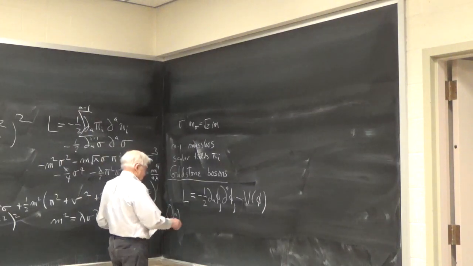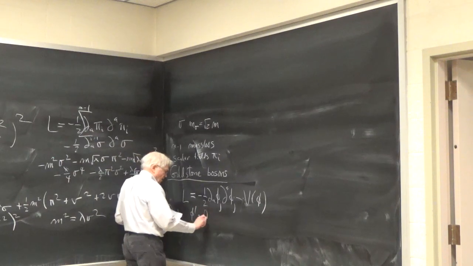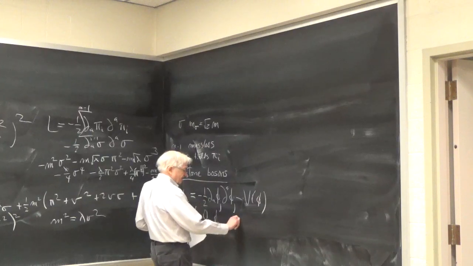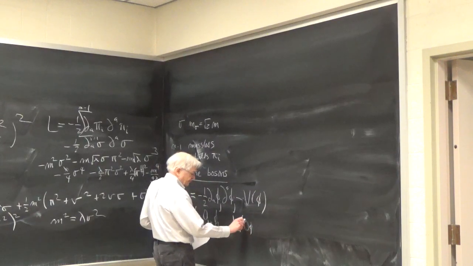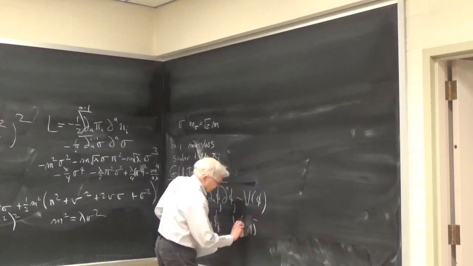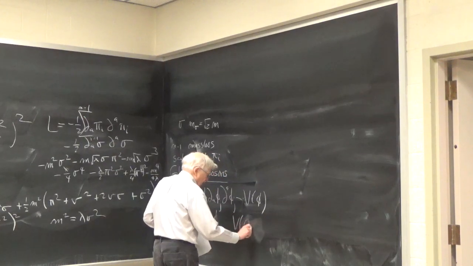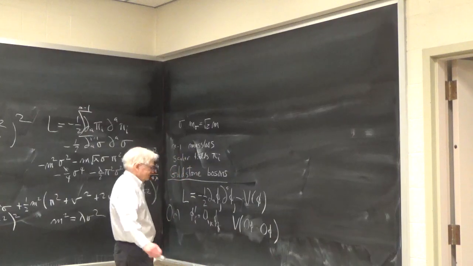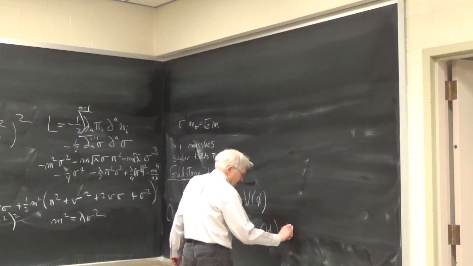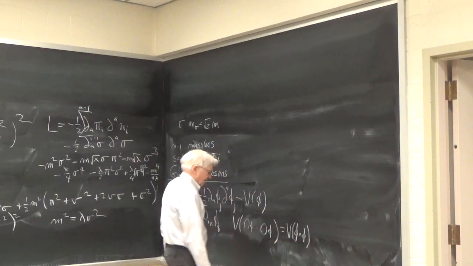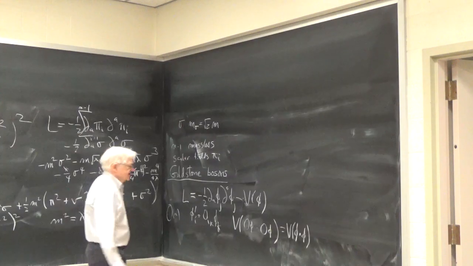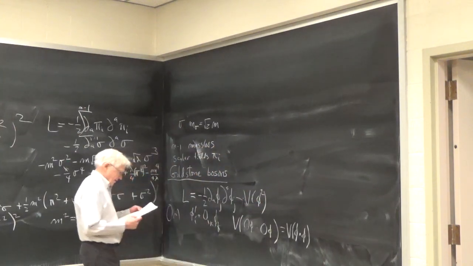But the key thing is that if φ'_i is O_ik φ_k, then V of Oφ·Oφ is equal to V of φ·φ. Since this is real, I'll just write it as φ squared.